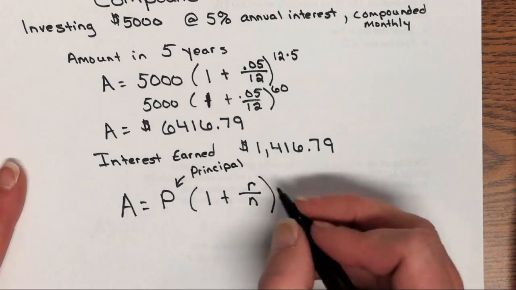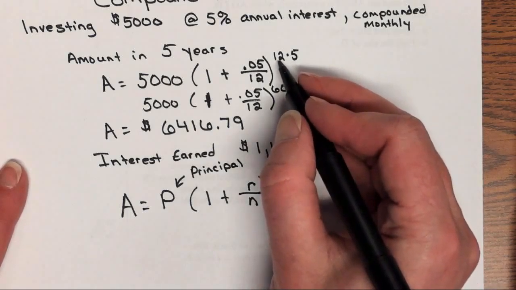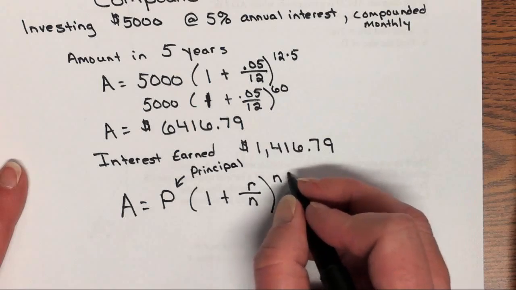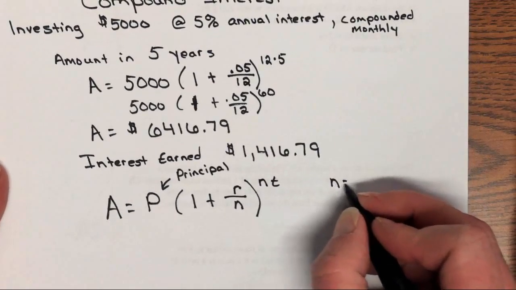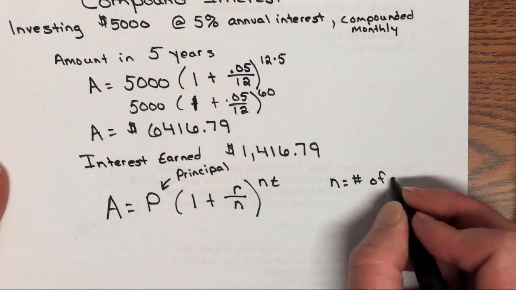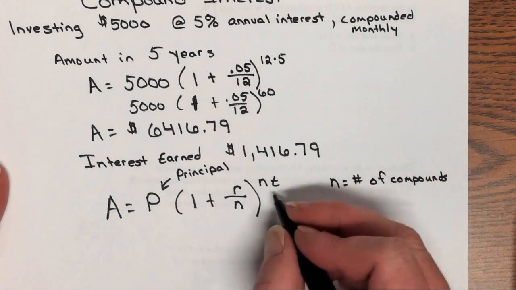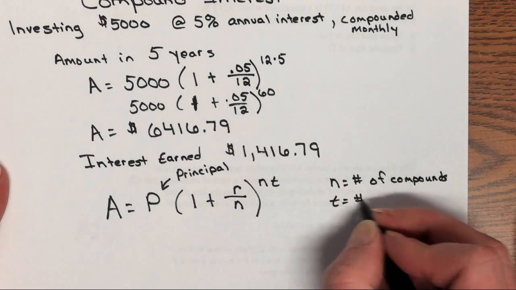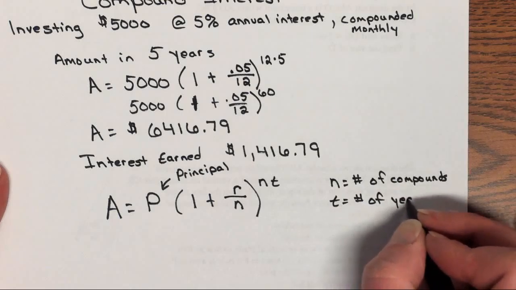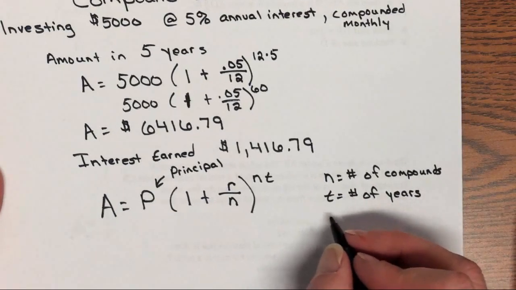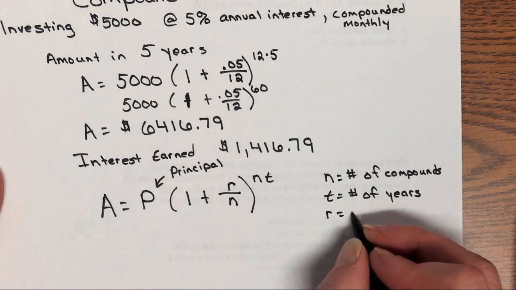We had to split up that interest rate. And then we took those number of compounds times the number of years. So N is the number of compounds, and then T is the number of years, and R is your interest rate.